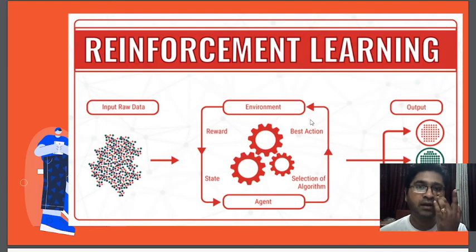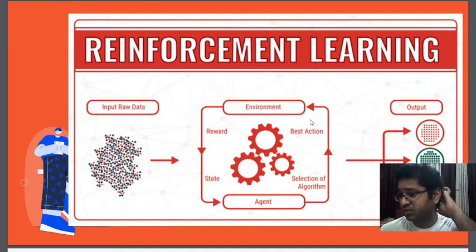Then finally the fourth part is reinforcement learning. What is reinforcement learning? The most emphasized part is that we are going to reward or penalize. What kind of action you are taking with the data, whether it is truly predicted or it is a false prediction. According to the same format, we give the reward or the penalty.